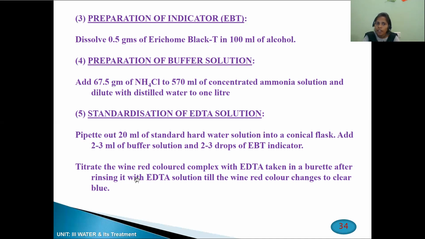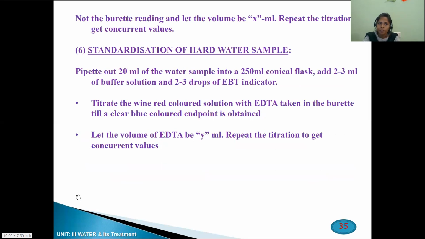When the blue color appears, note down the end point from the burette. Whatever volume is consumed will be the end point. Let the volume be X ml. Just assume maybe 7 ml, 10 ml or 20 ml is required for the color change from wine red to blue.